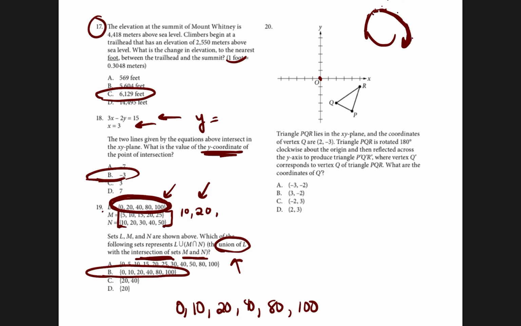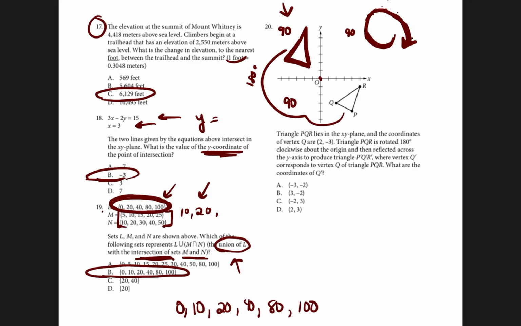Sorry, my Apple Pencil is dying. So it would be, this is 90 degrees, 90 degrees, 90 degrees. So it'll be 90, 90. So this is 180. So the triangle would end up here after being rotated 180 degrees because 90 and 90 is 180 degrees. So it would end up in this quadrant.